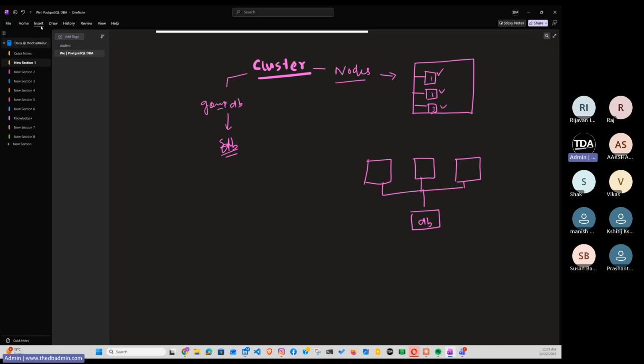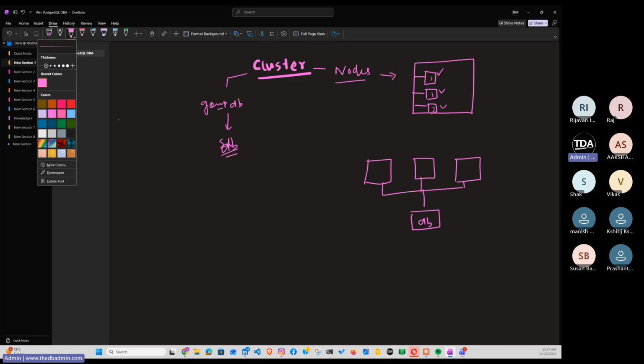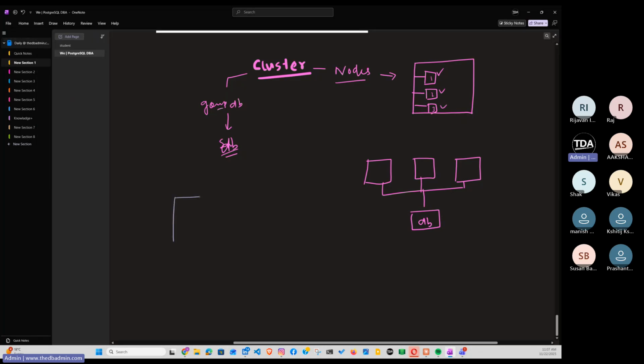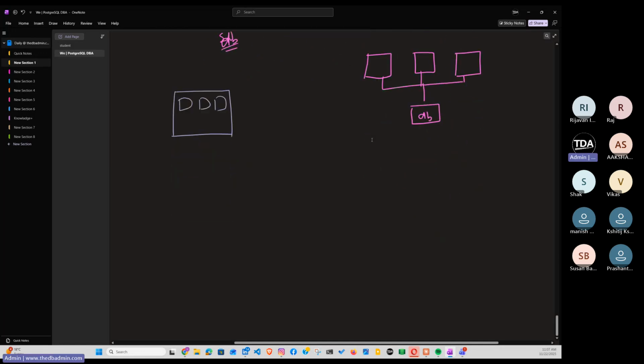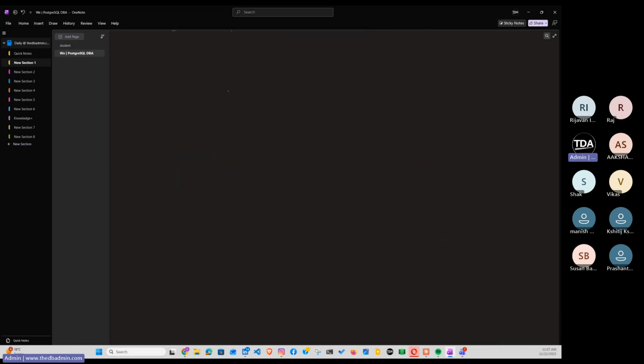For people coming from a different technology, I just want you to make a small addition to your concept: when I say cluster in Postgres, I mean a single database instance with multiple databases running inside. People from Oracle, MongoDB and Elastic might get confused because in their world, in Oracle, a single database means a single instance.